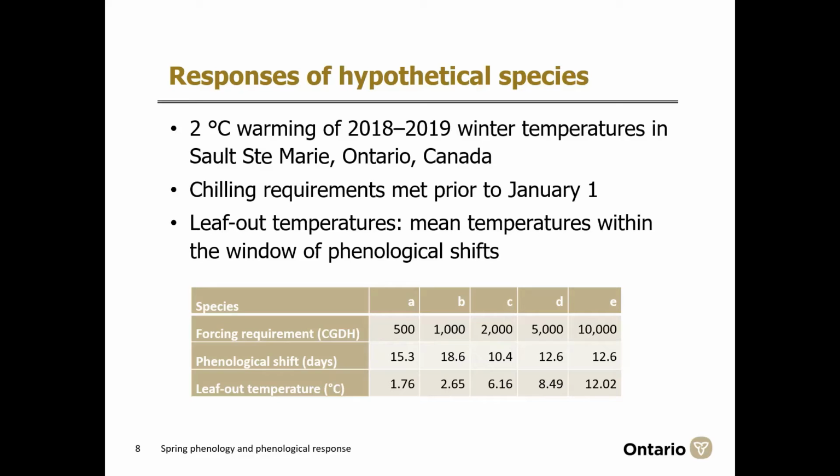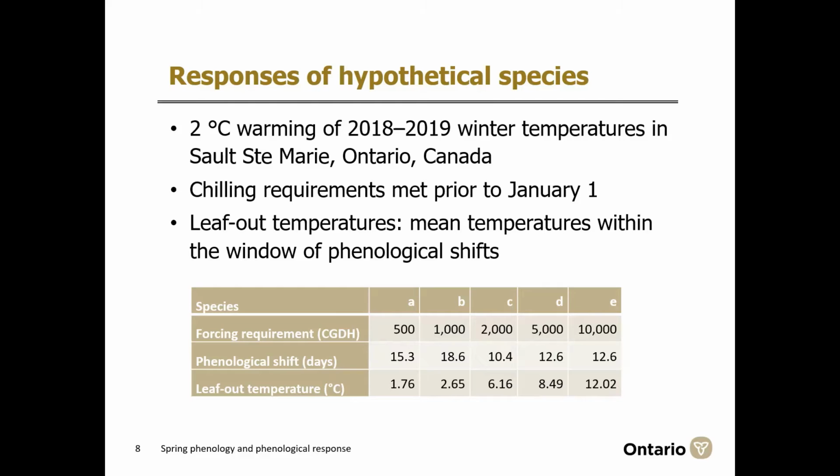We calculate the average temperatures within a window of phenological shift. I call it leaf-out temperatures, which is the only temperature within the window of phenological shift. Of course, different plants have different phenology and also different leaf-out temperatures. The 500 green degree hours represent very early species like grass, and 10,000 for late species like black spruce.